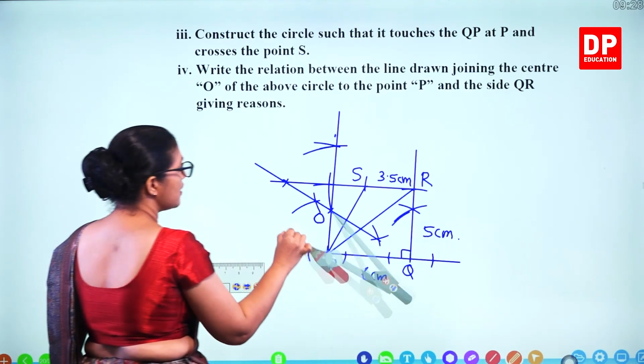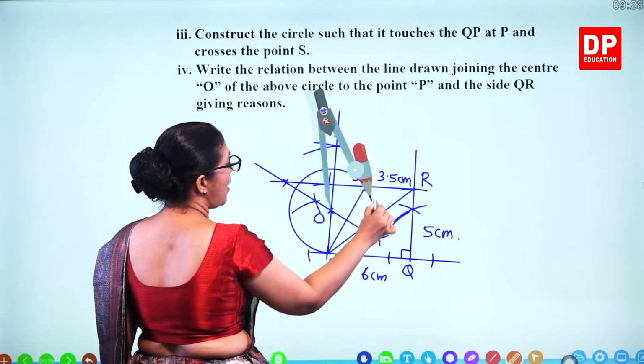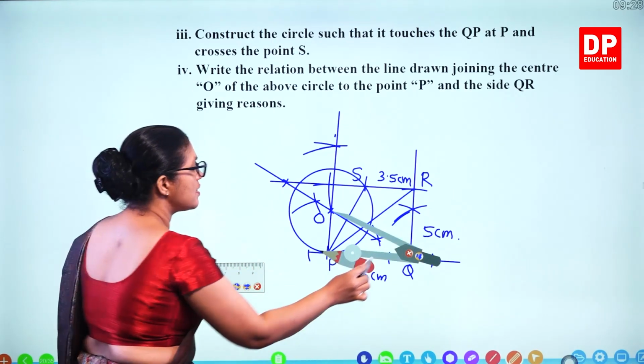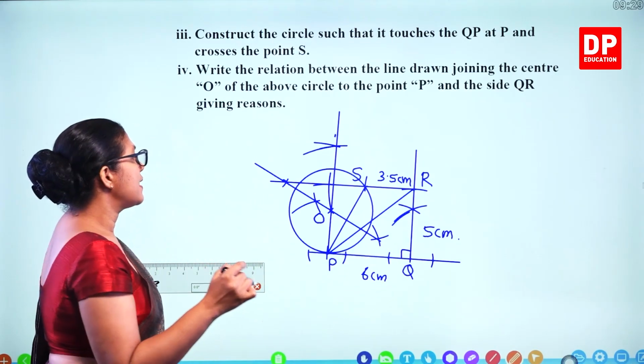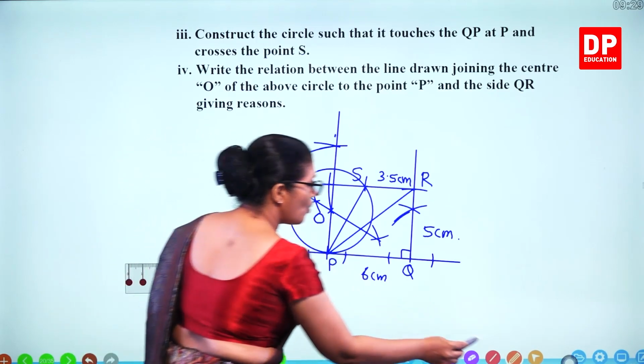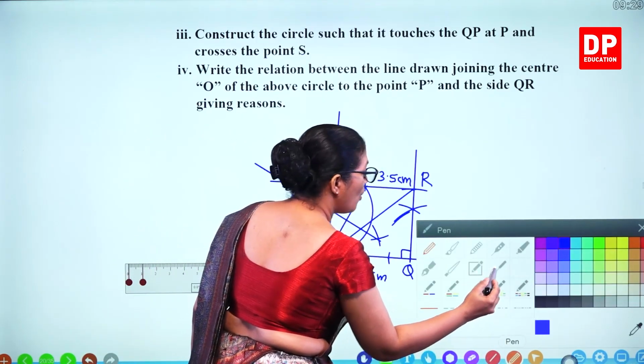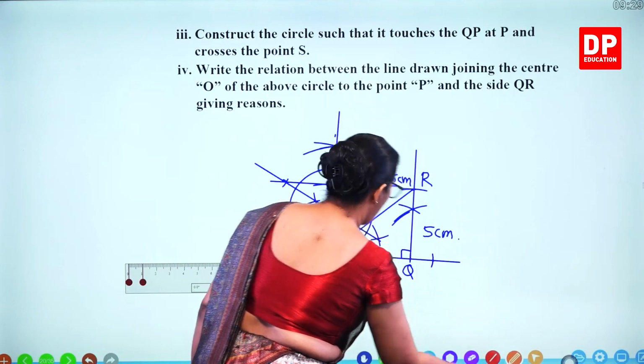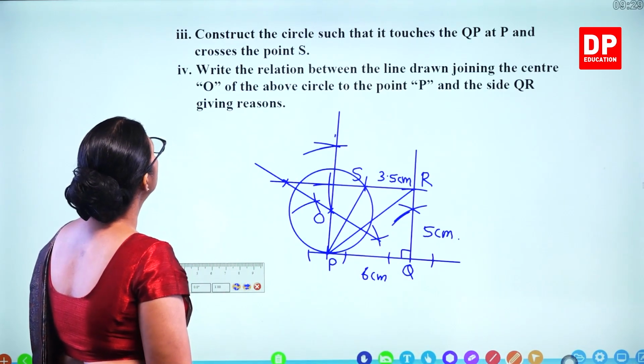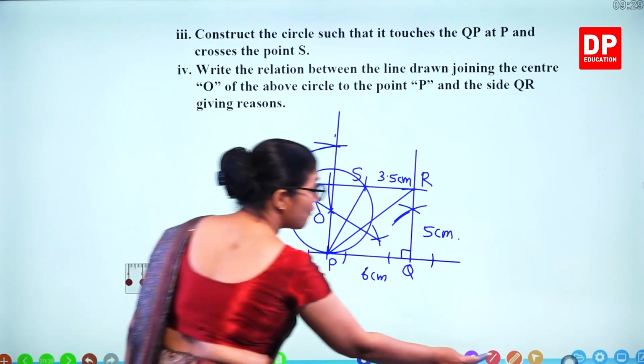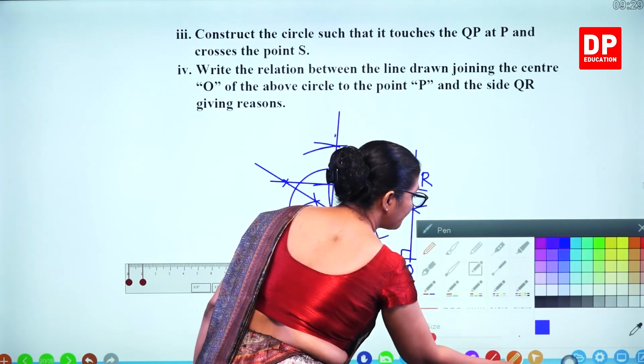So we can draw the circle, passes through Q and touches at P, and the center is here. So that's this part, and we have to do the other part.